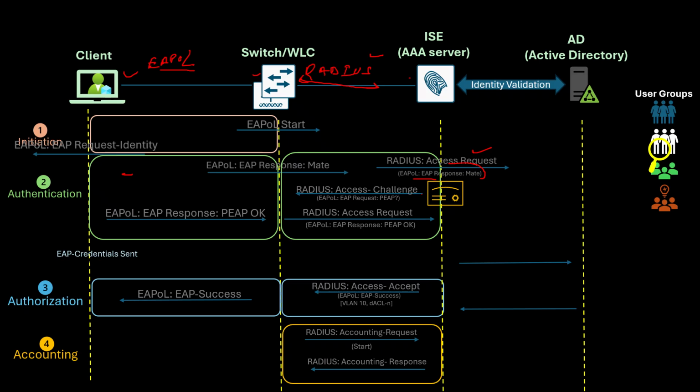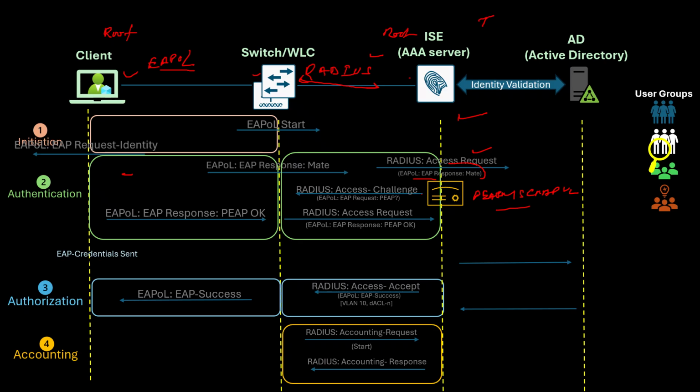It will first send, because I'm taking PEAP and MSCHAP as an example. In PEAP MSCHAP, only a server side certificate is required. You don't need a client side certificate, but yes, we need the root certificate on both sides so that they can identify that both are legitimate or belong to the same domain.